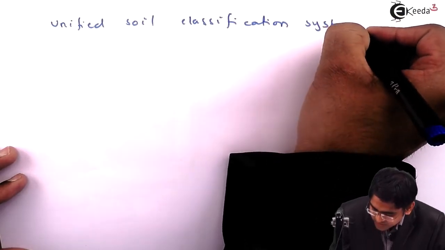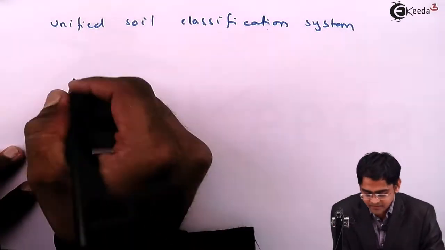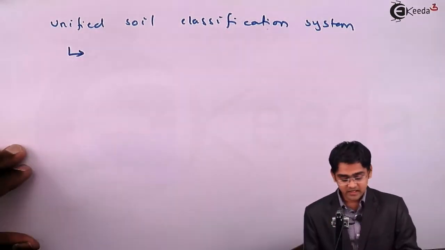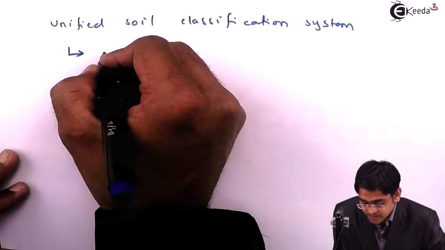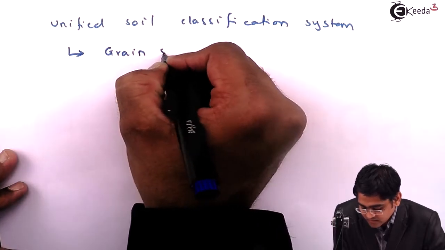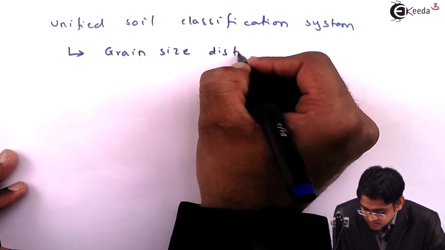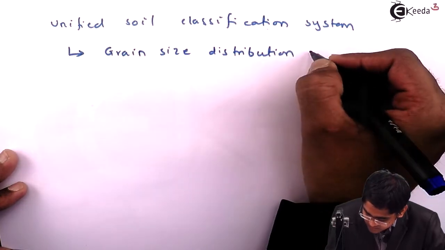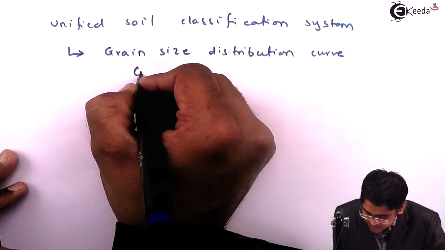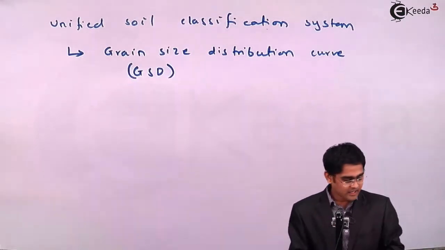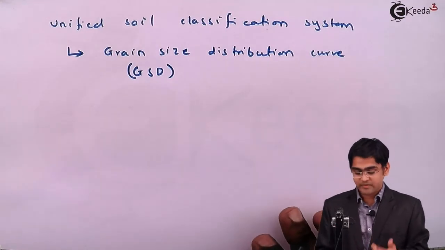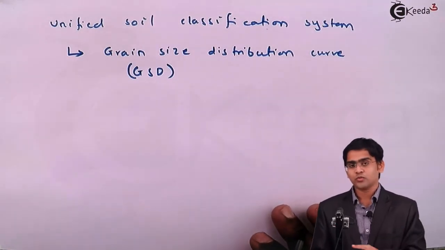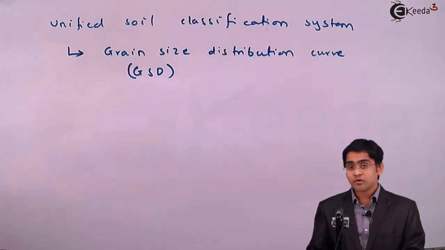But before discussing this Unified Soil Classification System, we will give you a quick review of the previously discussed chapters, like the grain size distribution curve, also called the GSD curve, in the index properties of soil. If you remember, in index properties we have two broad categories: soil grain property and soil aggregate property.